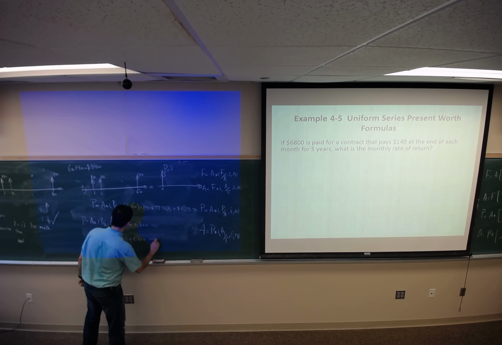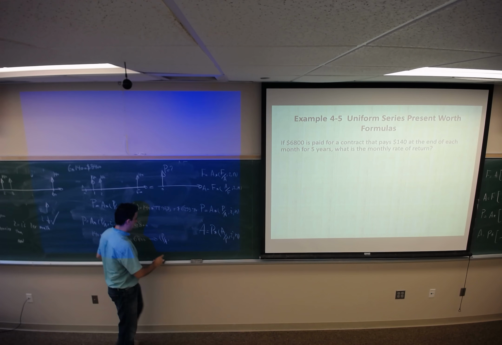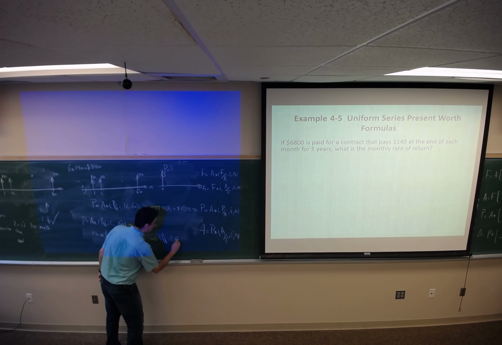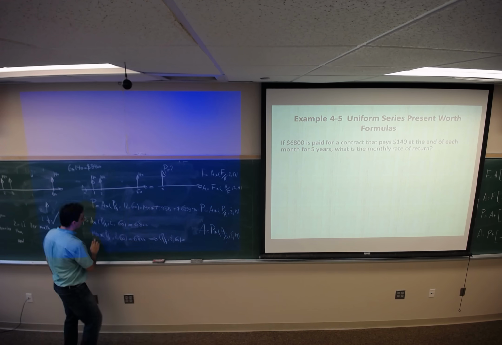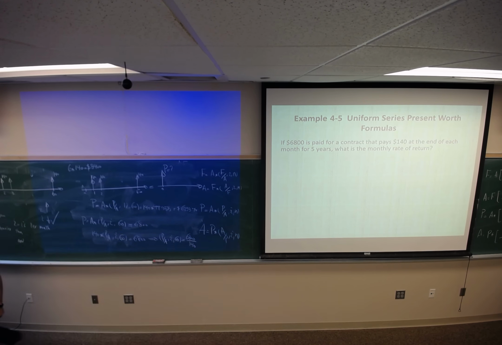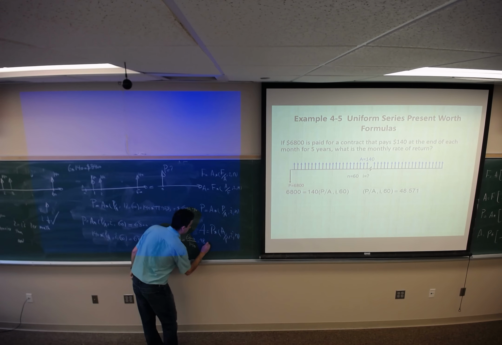So then this factor should be equal to 6,800 divided by 140, which is 48.57.